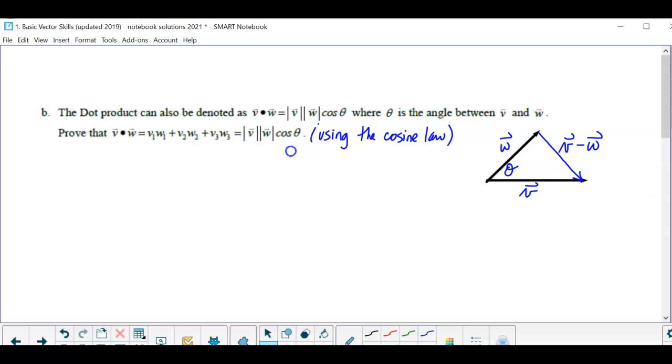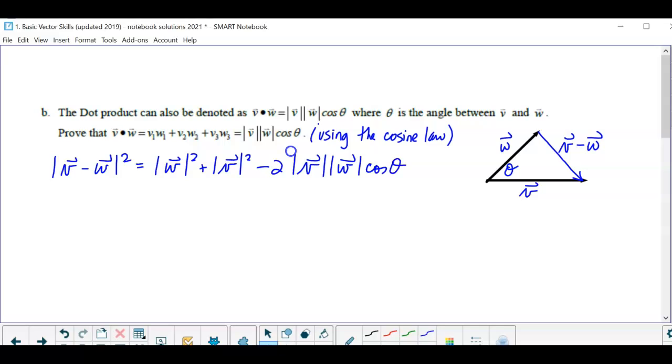Okay, and so now we've got a triangle that we can use the cosine law for. We are relating it to angle theta, then the side opposite theta is vector v minus vector w, the magnitude of that. So in the cosine law, this would be the magnitude of v minus w squared, and then each of the other sides squared, minus 2 magnitude of v, magnitude of w, cosine theta.